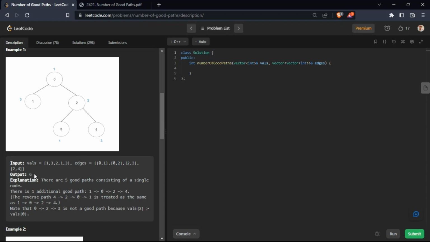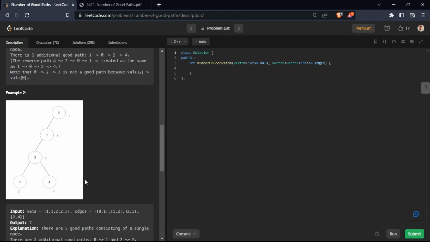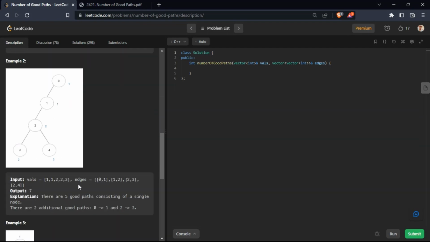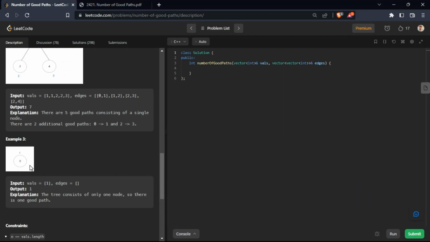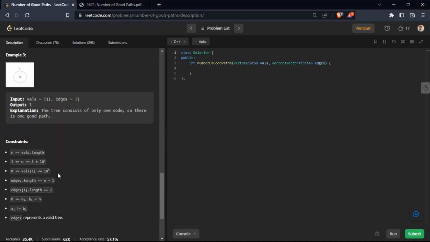So the answer would be 6. Similarly, in the following example, we can verify that 5 paths are there, and the 1 1 and 2 2 paths are also included, so the answer is 7 here. And if only one node is present, our answer will be 1.